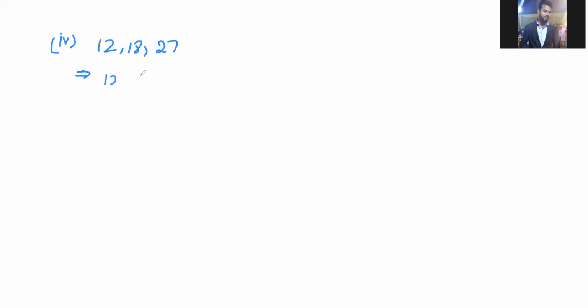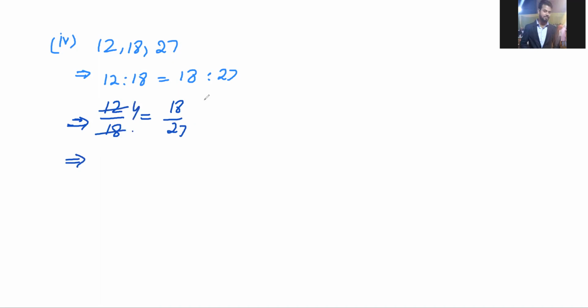12 ratio 18 is equal to 18 ratio 27. Okay. Now write 12 upon 18 is equal to 18 upon 27. Now 3 4s are 12, 3 6s are 18, and 3 6s are 18, 3 9s are 27. So 4 upon 6 and 6 upon 9.